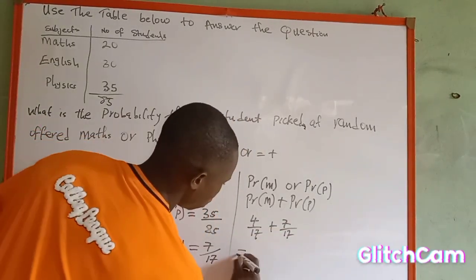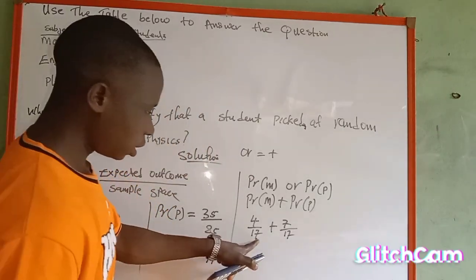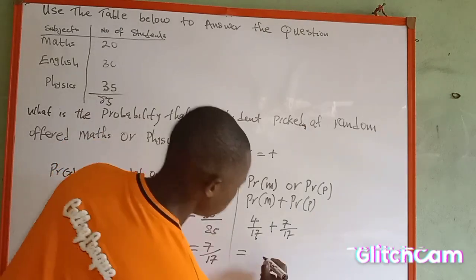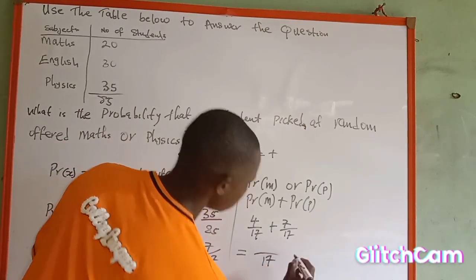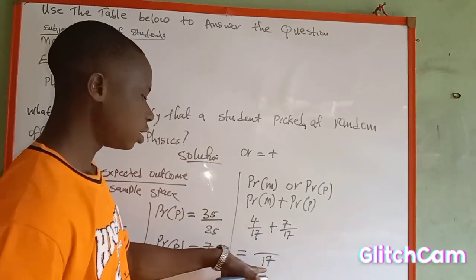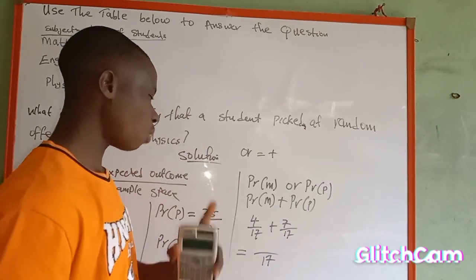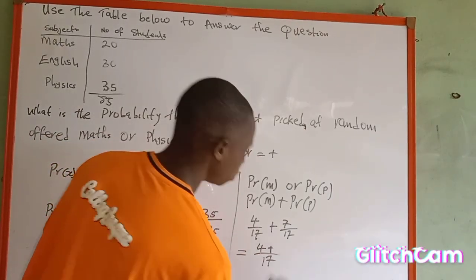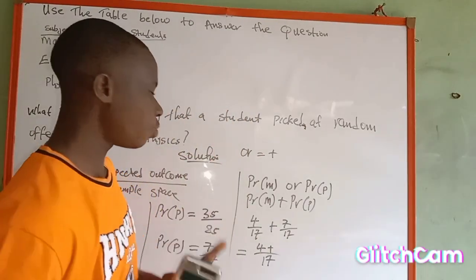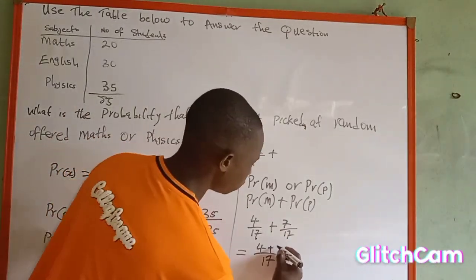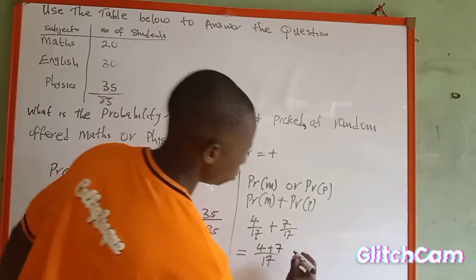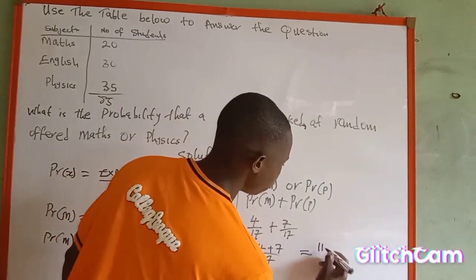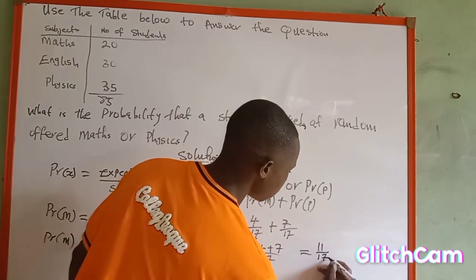So the denominator is the same. So let us look for the LCM. The LCM of 17 and 17 is 17. 17 into 17 is 1, and 1 times 4 is 4. Plus 17 into 17 is 1, and 1 times 7 is 7. Which is equal to 4 plus 7 is 11 divided by 17.